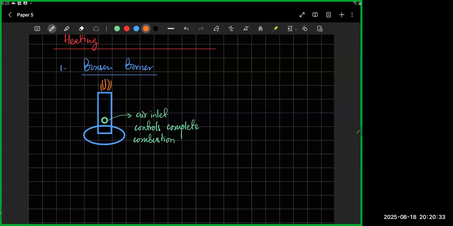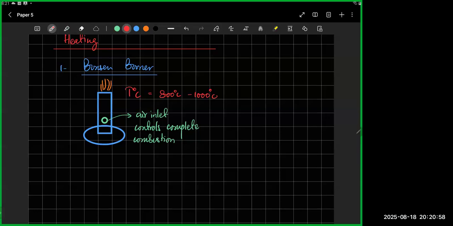The normal temperature of a Bunsen burner, you should know, is very close to 1000 degrees centigrade. Better still, if you're asked for a range, it's around 800 to 1000 degrees centigrade. That's your normal Bunsen burner temperature.